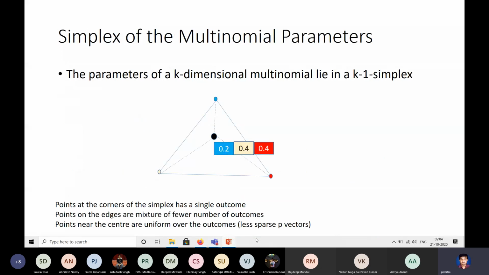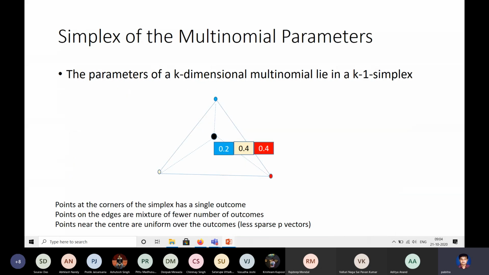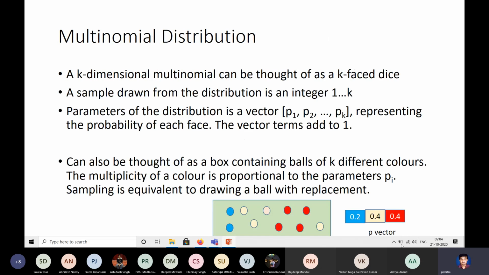The interesting thing is that if you look at the parameter vectors, p1 to pk, these should add up to 1. So p1 plus p2 up to pk should be 1. Each parameter vector can be thought of as a point in 3 dimensions, in this case.